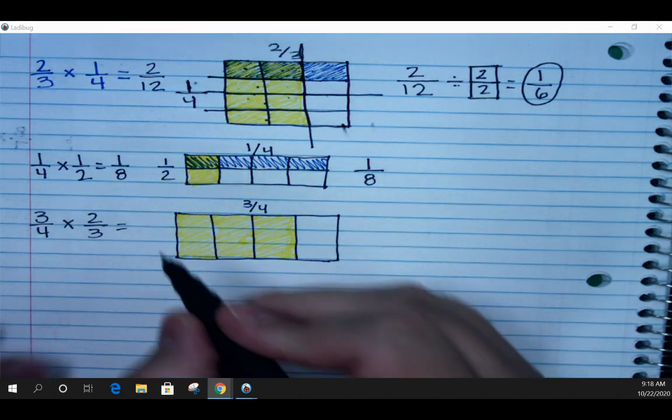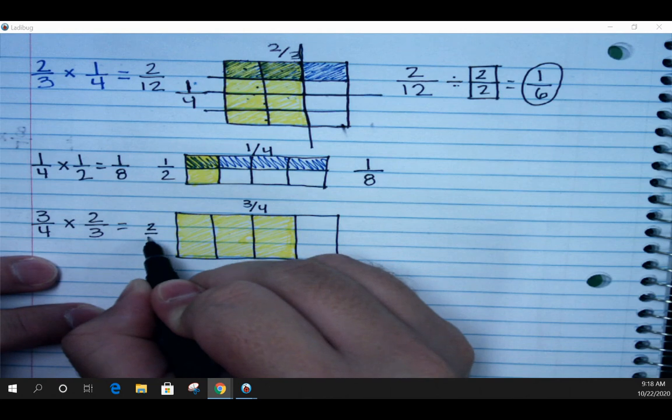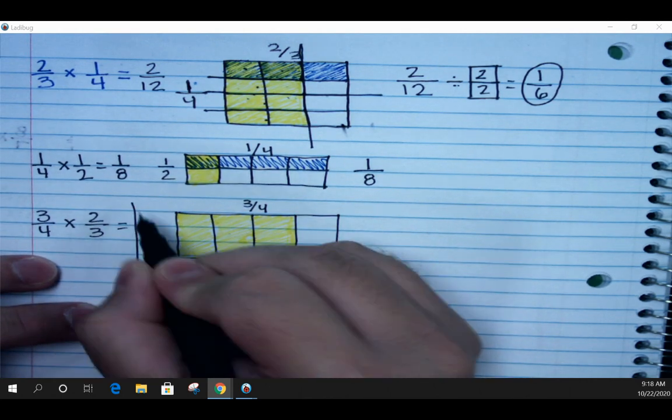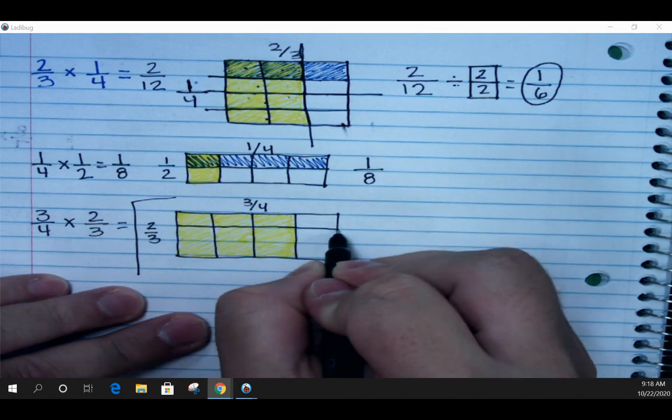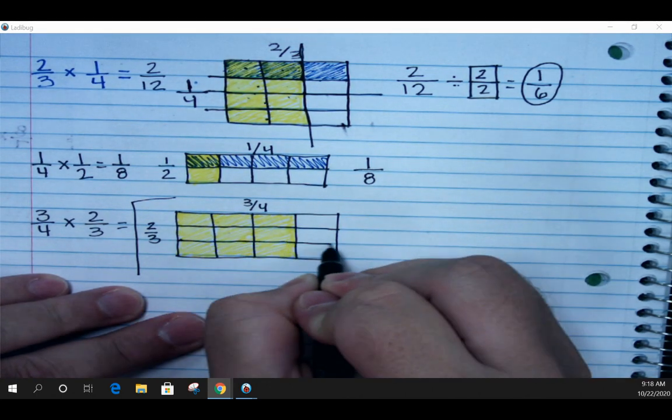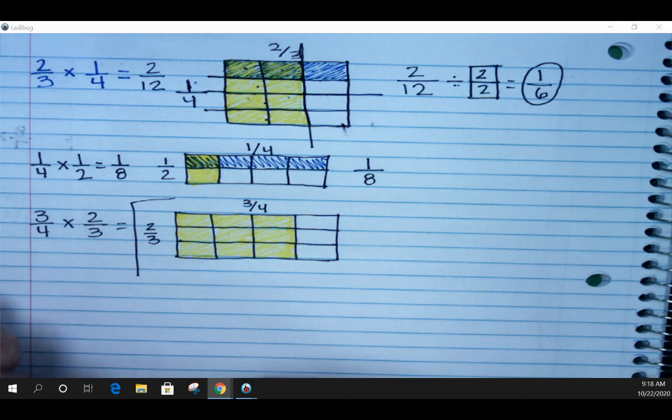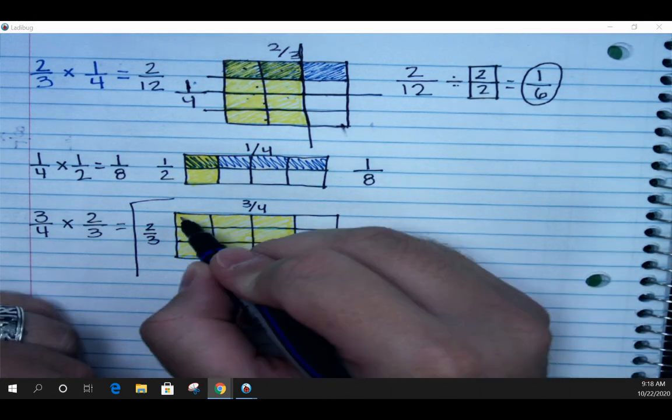And over here, we're going to do 2/3. I don't want that to get confused. So I'm going to split it into thirds. And how many rows? Rows are horizontal. How many rows am I going to shade in? 2.